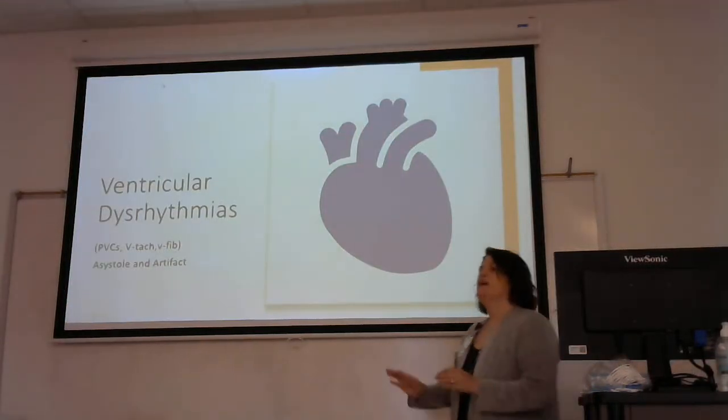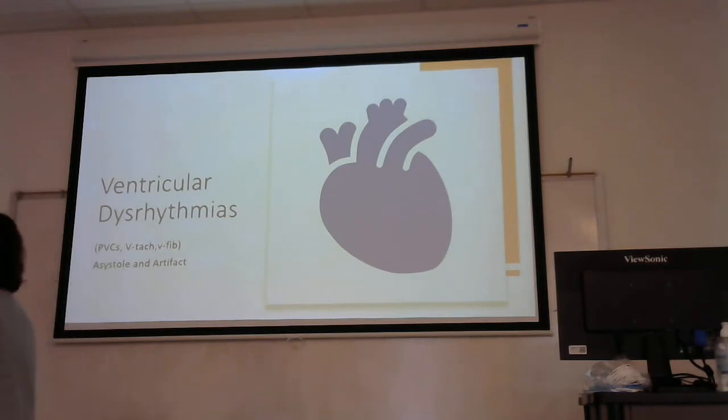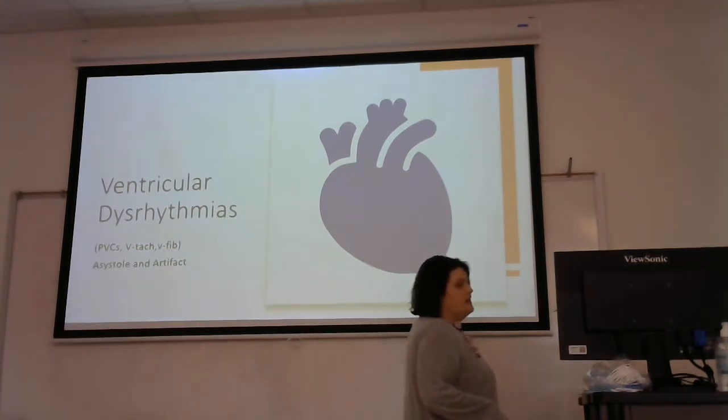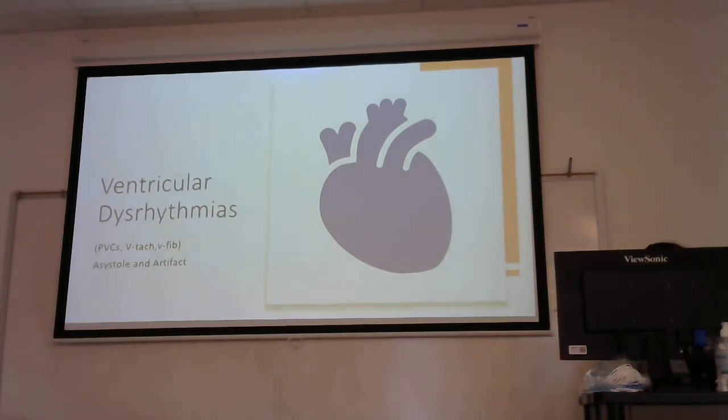Okay, we're gonna talk about our ventricular dysrhythmias, okay? So PVCs, VTAC, and VFib. Now these, asystole and artifacts, I introduced you to those. They're not necessarily ventricular dysrhythmias, it's just a good place to introduce them, okay? So, when we talk about ventricular dysrhythmias, the first thing we're gonna talk about is something we call a premature ventricular complex, okay?